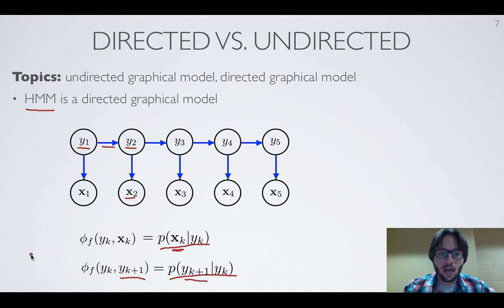And in particular, if we were to try to identify conditional independences in the directed graphical model, so from the Bayesian network, it would actually be more complicated.